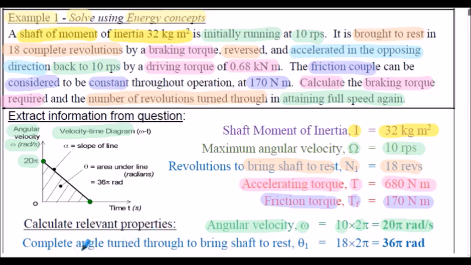The angle turned through before the shaft is brought to rest, I call that θ1 here. That's the 18 revolutions multiplied by 2 pi, so 36 pi radians. And that's effectively the area under the graph here, 36 pi radians. So that's the information extracted from the question.